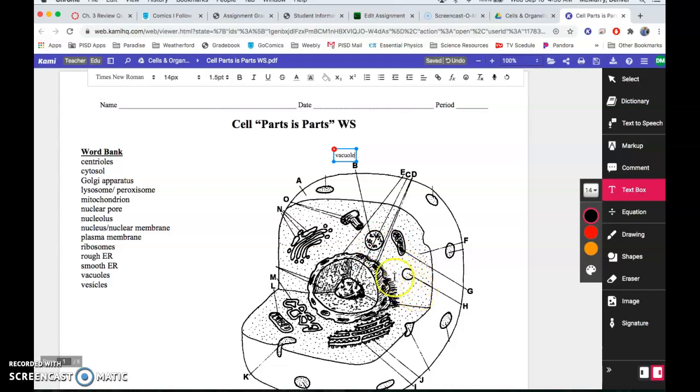A smaller one is going to be a lysosome. Now, vesicles, for the most part, are either coming or going, fusing with the membrane and spitting something out, or the membrane pinching in and making a vesicle. So we're going to go with those vesicles right there.